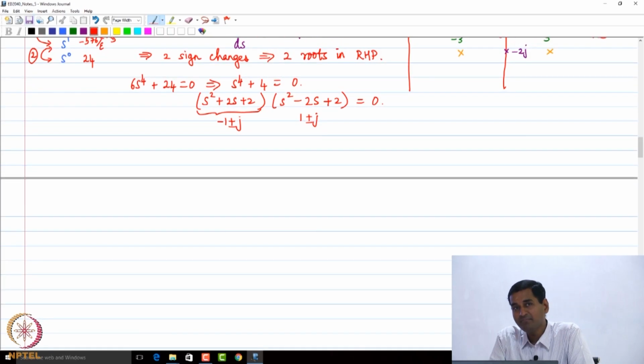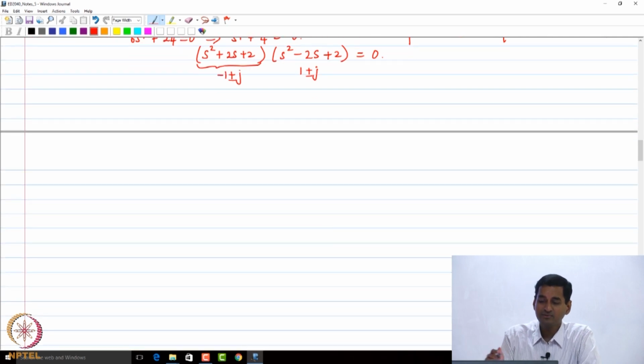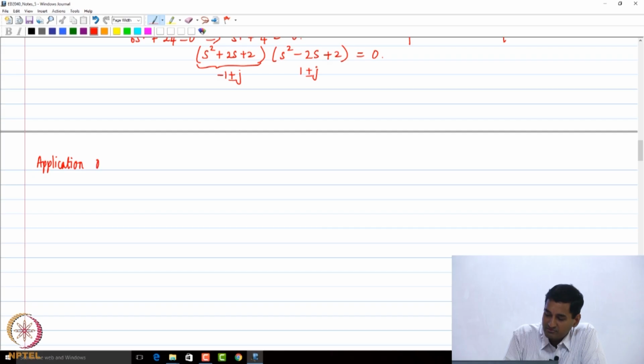Now we are going to come back and see how to apply it to our case. I am going to talk about the application of the Routh stability criteria.